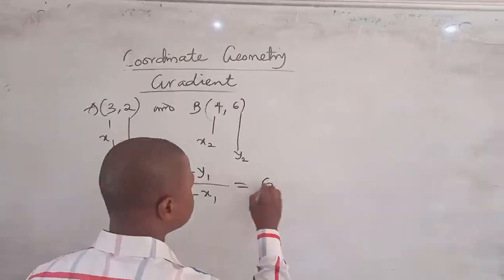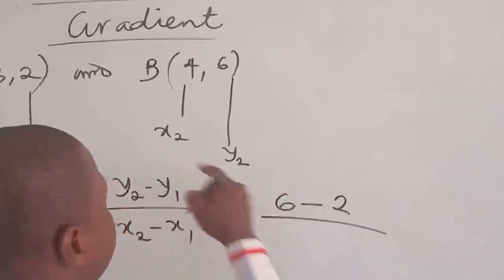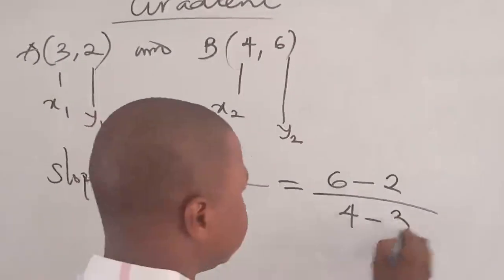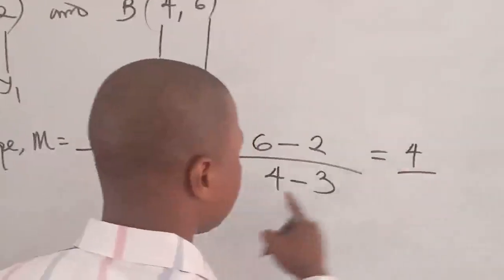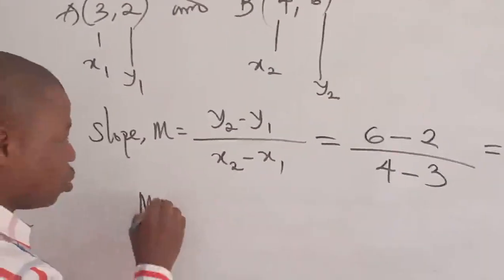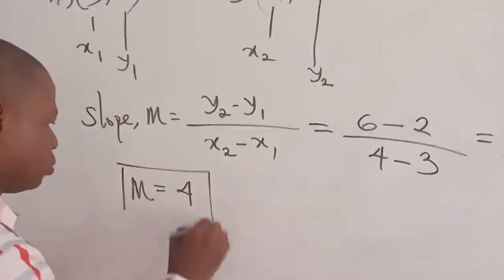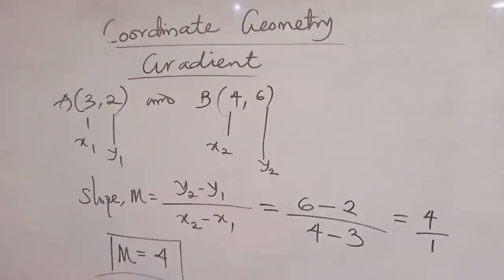Y2, that is 6, minus y1, that is 2, all over x2, that is 4, minus x1, that is 3. 6 minus 2, that is 4. 4 minus 3, that is 1. Therefore, our slope equals 4. So this is how to calculate the slope of a straight line.